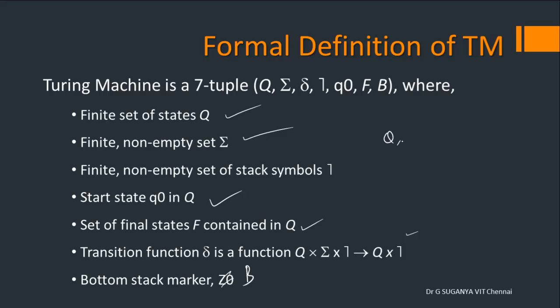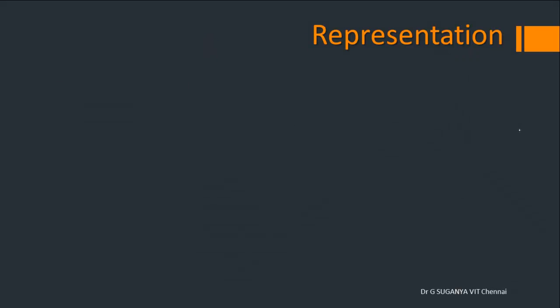So Q, sigma, delta, tau, q naught, F are the components of finite automata, along with tau, which is nothing but the set of symbols that you can store on the tape, along with blank, the symbol used to recognize the emptiness of the cell. That will be the formal definition of a Turing machine.